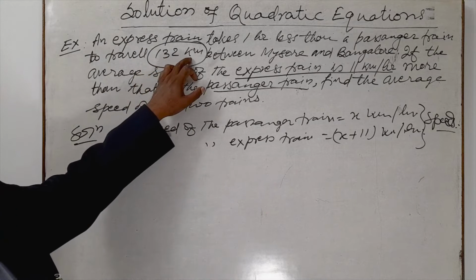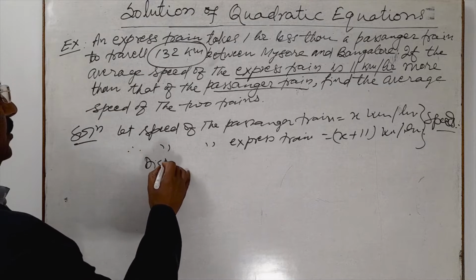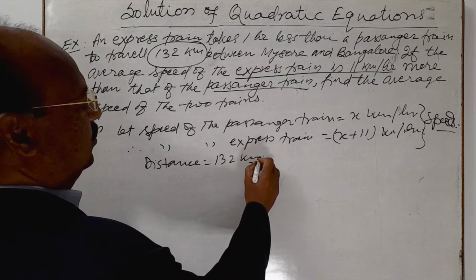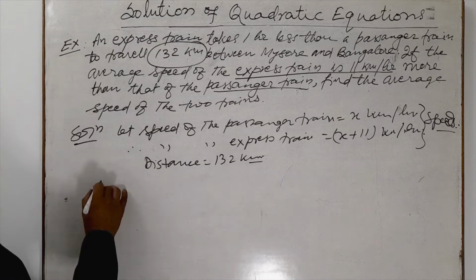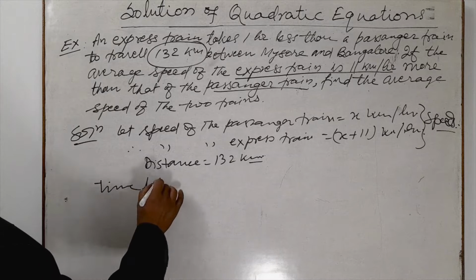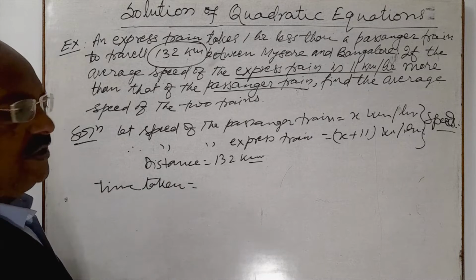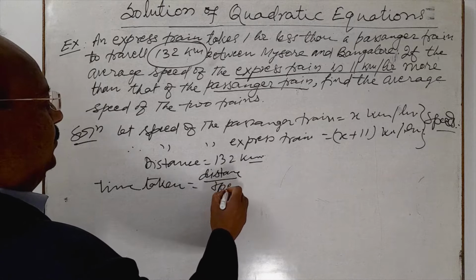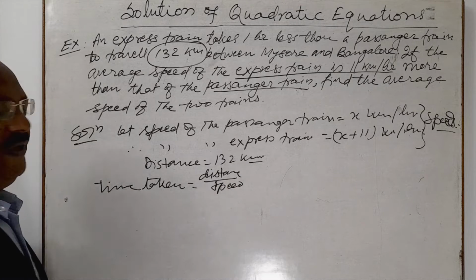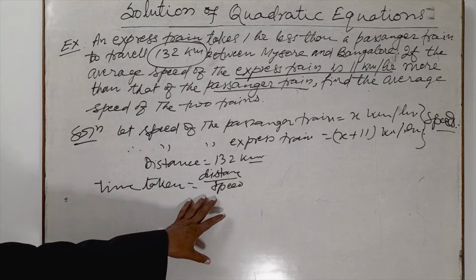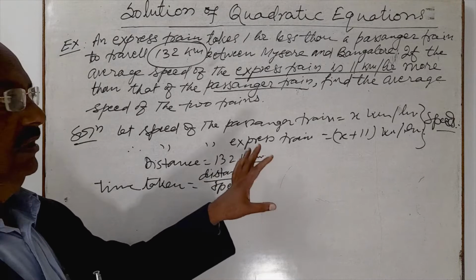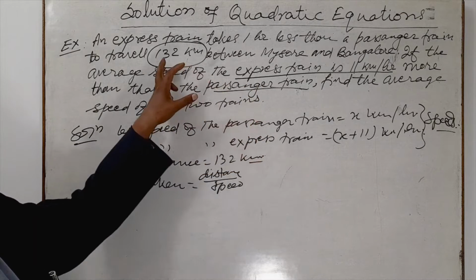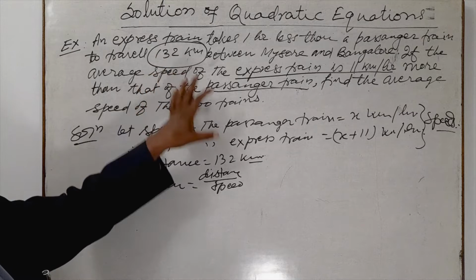And the distance is given here, 132 kilometer. Then you know the formula that time taken is equal to distance by speed. So with the help of this formula, we can write down the time taken by both the trains to cover the distance of 132 kilometer.